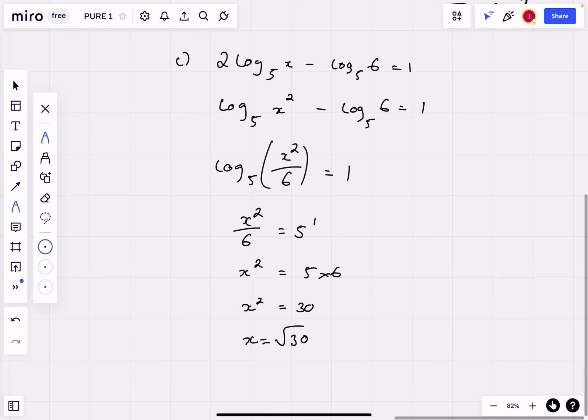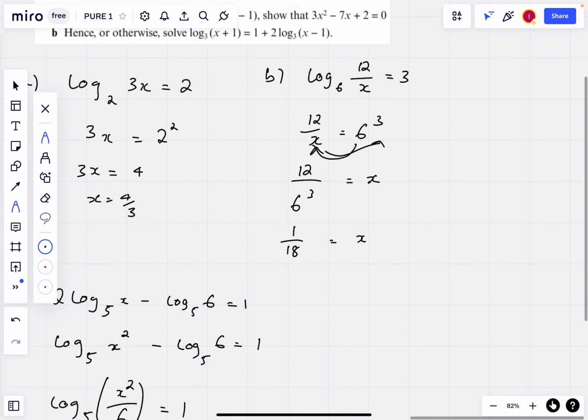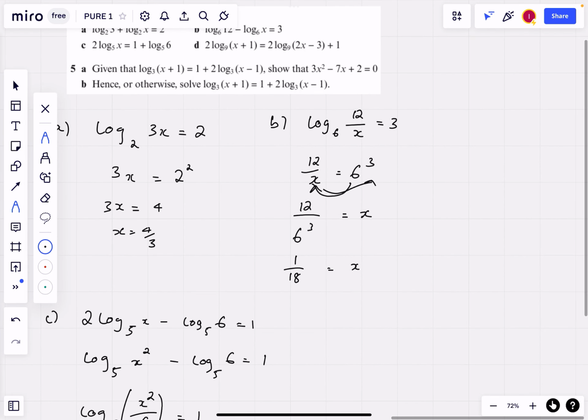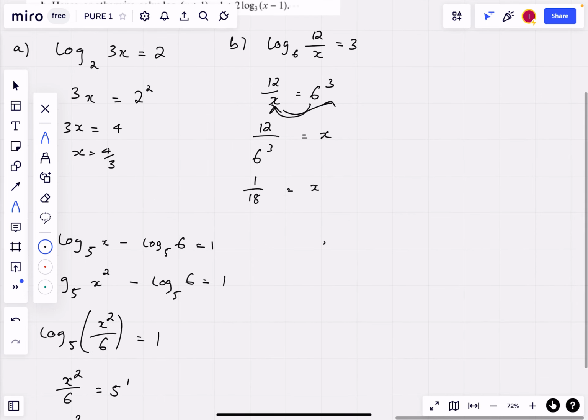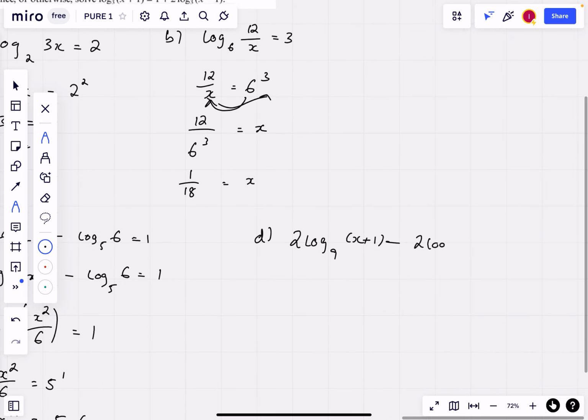Okay, last one was D. The first step would be to put all the logs on one side. So you get 2 log base 9 of x plus 1 minus 2 log base 9 of 2x minus 3 equals 1.